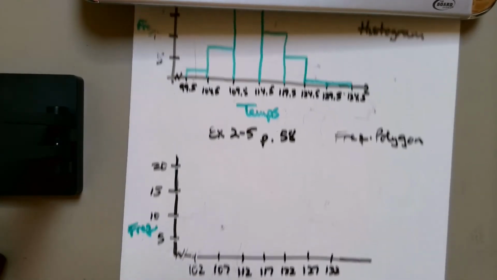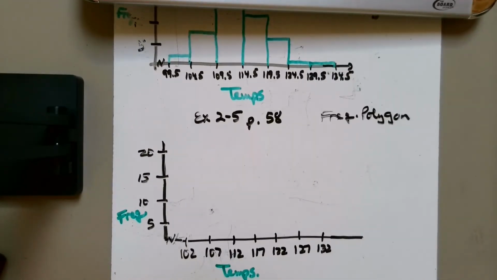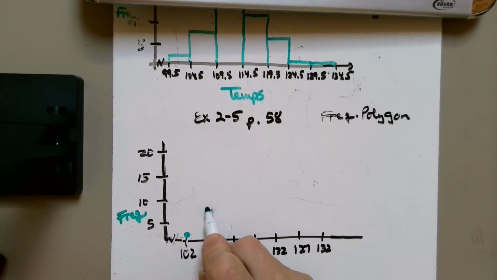So we're going to put above each midpoint a dot for a line graph to the height of the frequency. So the first class had a midpoint of 102, its frequency is 2. So I go to a height of 2 over 102. The second class had a frequency of 8 with a midpoint of 107, so that's where I put the dot.